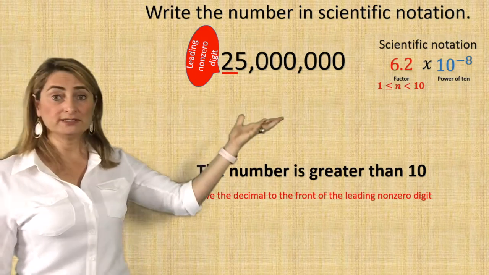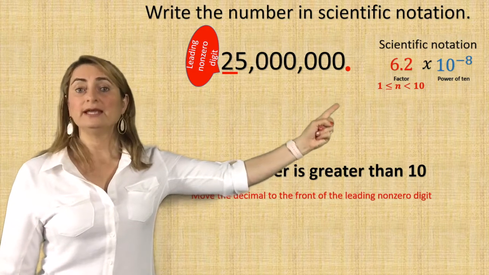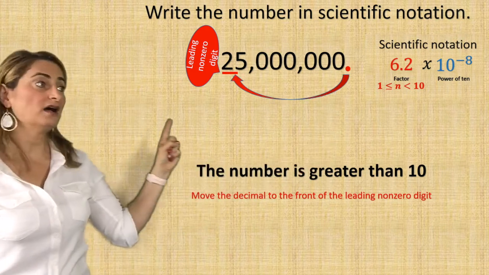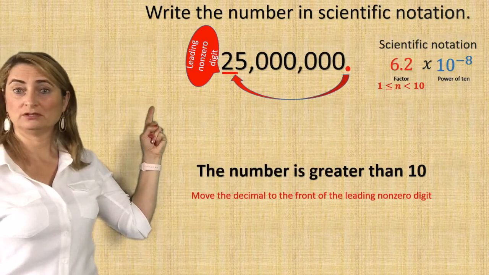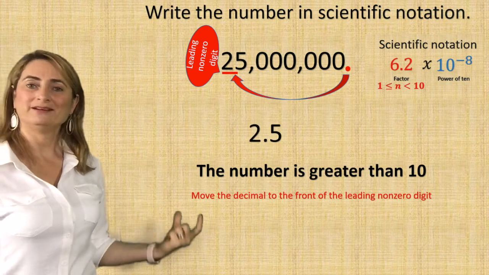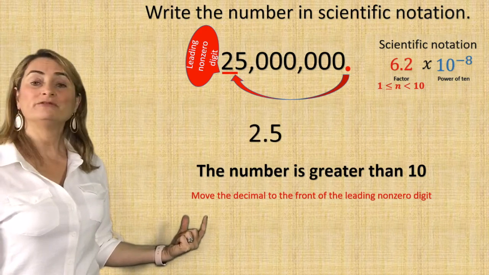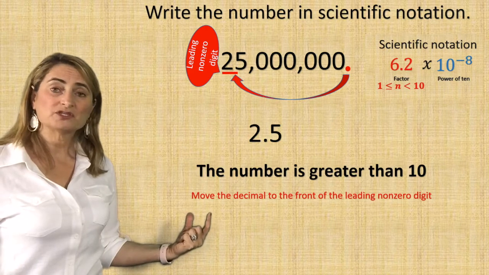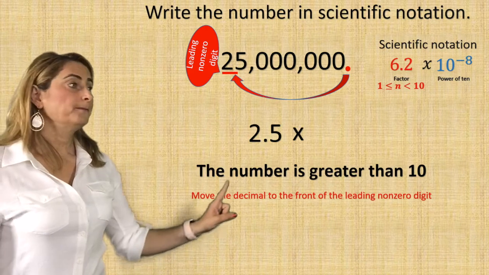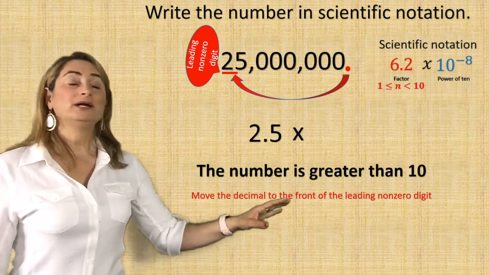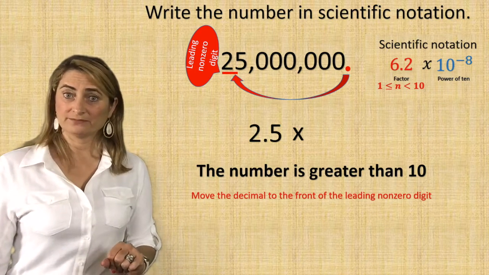Now, there isn't a decimal, so put a decimal and now move it to the front of that 2 and write the number. So you end up with 2.5. Don't write any zeros because that's the power of 10. Multiplied by, now I need to write the power of 10.